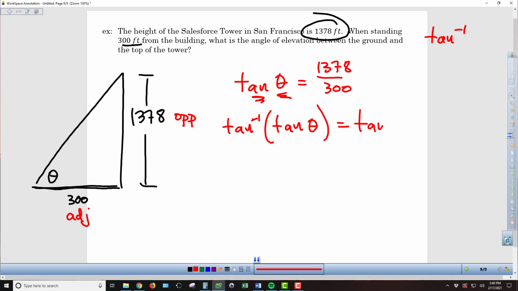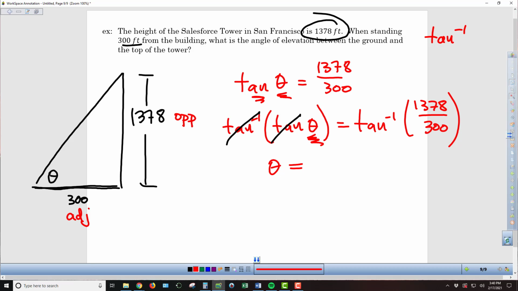On the right-hand side, that translates into the inverse tangent of 1378 over 300. On the left-hand side, the inverse tangent and the tangent cancel each other out. Those are inverse operations, so they undo each other. So that means I'm going to be left with just theta over here on the left-hand side. The two operations undo each other.